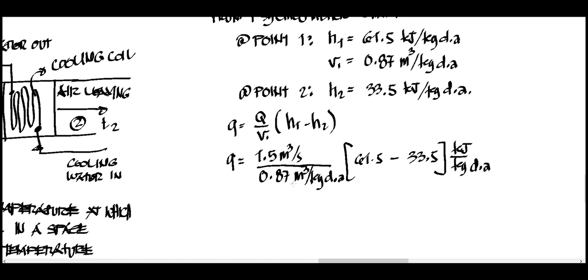The common units cancel out, so finally we have the value of 42 kilojoule per second, or kilowatt.